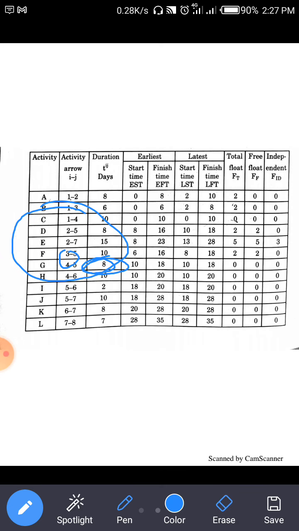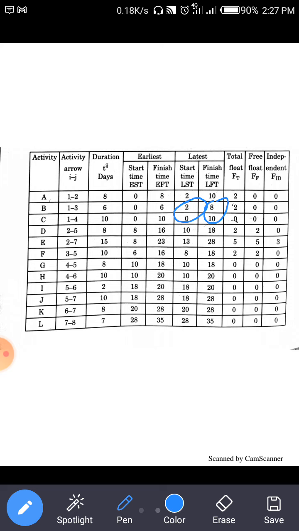So all these things we write in the table, like 2 and 8 as the latest starting time and latest finish time. Clear? Now total float, free float and independent float we get from the earliest starting time, earliest finish time, latest starting time and latest finish time.